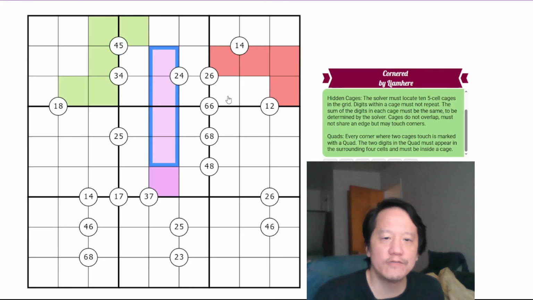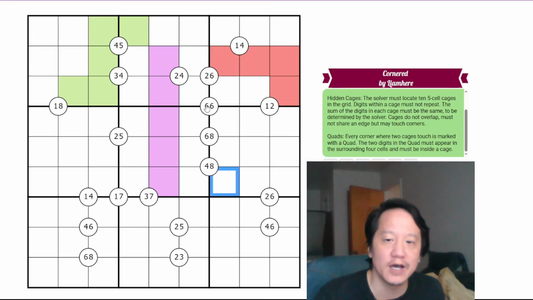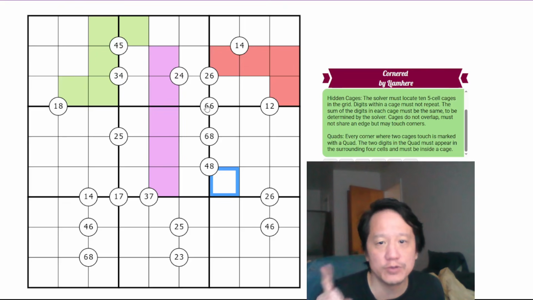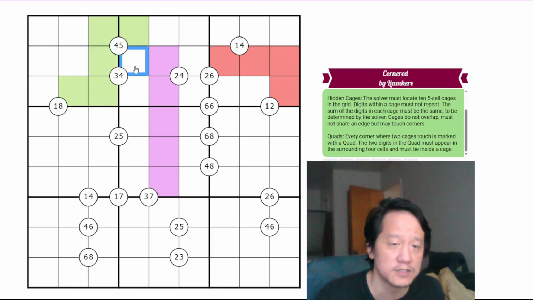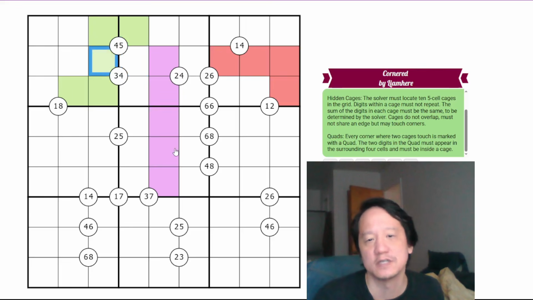We also have quads, where every corner where 2 cages touch is marked with a quad. So that means this quad marks that 2 cages are touching. We don't know where the cages are. It's either this is one cage and this is one cage, or this is one cage and this is a cage.